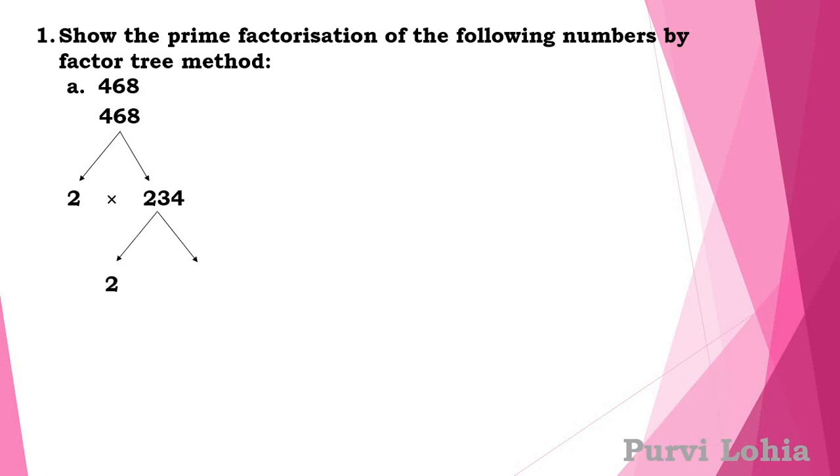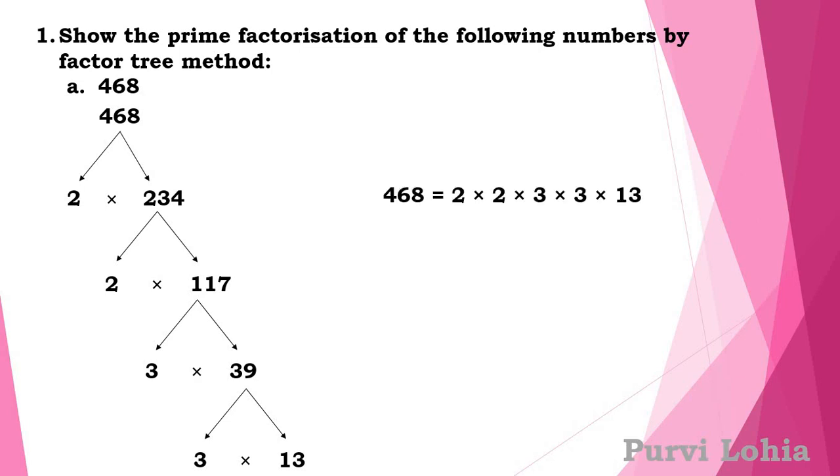Next, 2 into 117. Now it is not divisible by 2, it is divisible by 3. So 3 into 39, it is again divisible by 3, 3 into 13. Now both are prime factors, so no need to factorize further. So 468 will be written as 2 into 2 into 3 into 3 into 13.